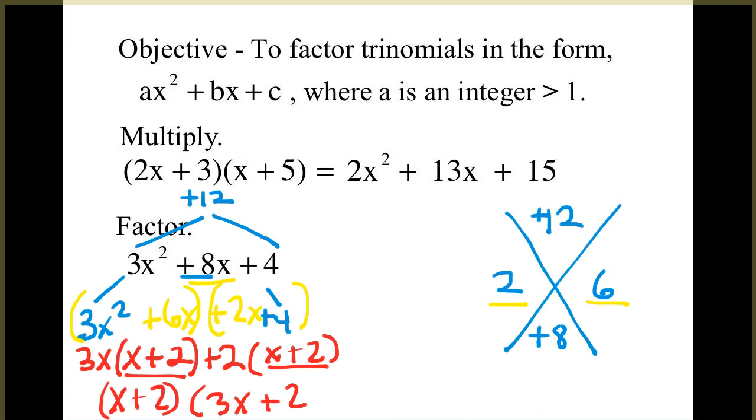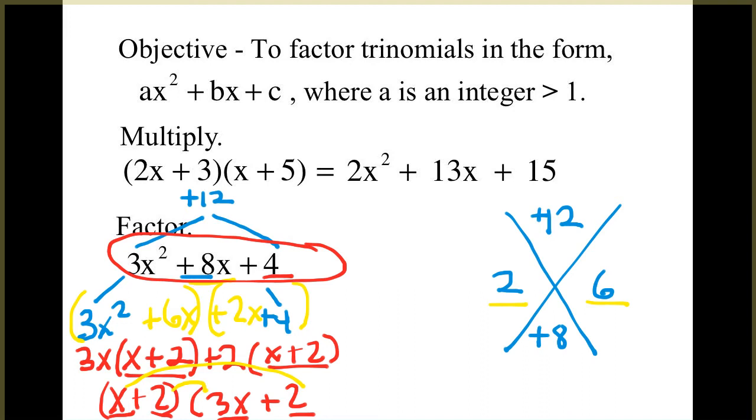Now we can double check, make sure that we end up with 3x squared plus 8x plus 4. So x times 3x makes our 3x squared. 2 times 2 makes our 4. And now really what I'm looking at is I get 6x and I get 2x all together.